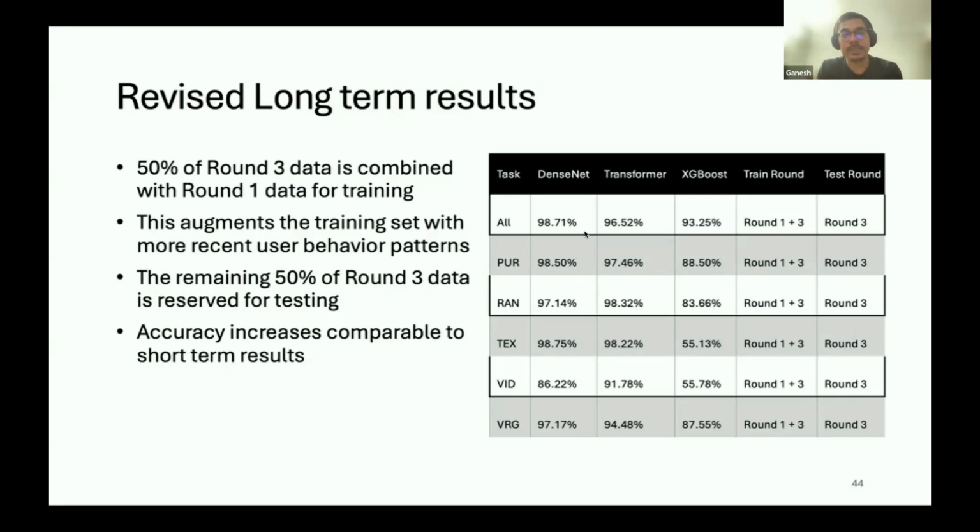We split the round 3 data into equal parts, and we combined one part into the training data, and we tested the other part in the testing data. So this made us realize that there needs to be a continuous updating of user behavioral biometric data over a long period of time, when we are dealing with behavioral biometrics using eye tracking. And this also applies to other behavioral biometrics such as gait or hand movements or head movements.